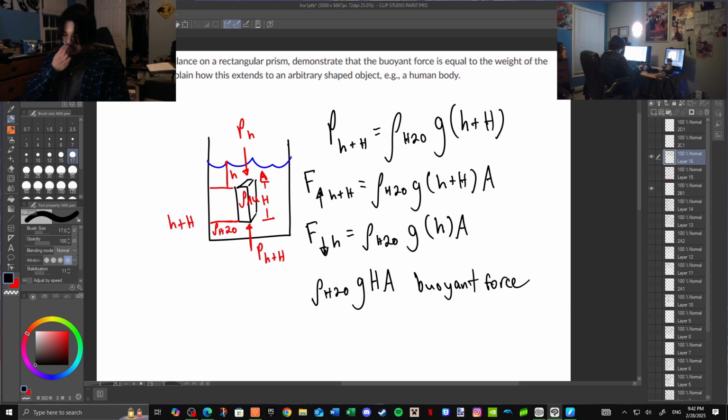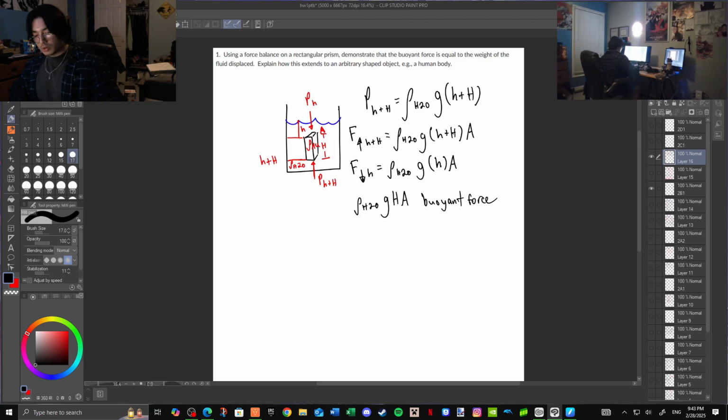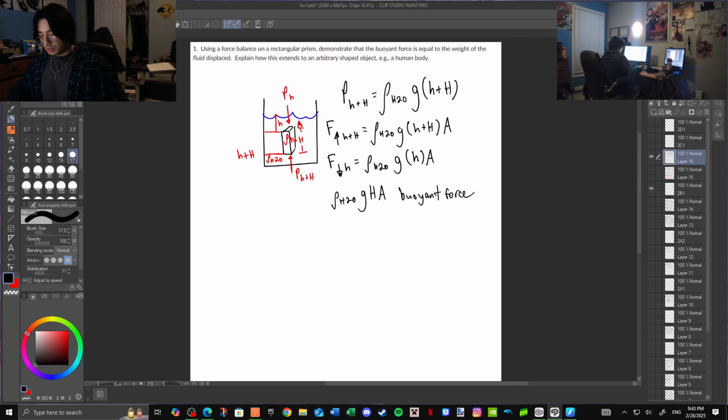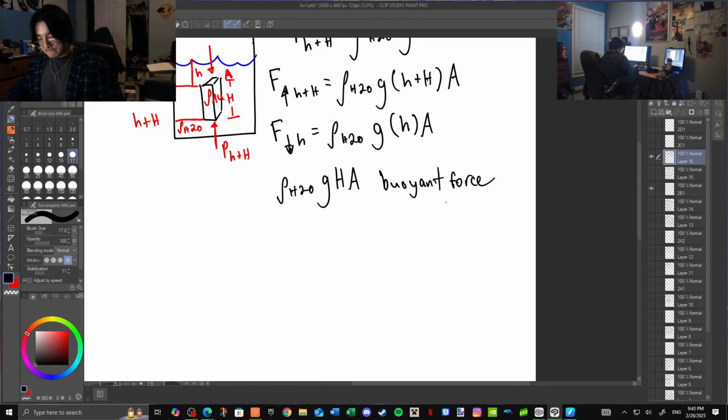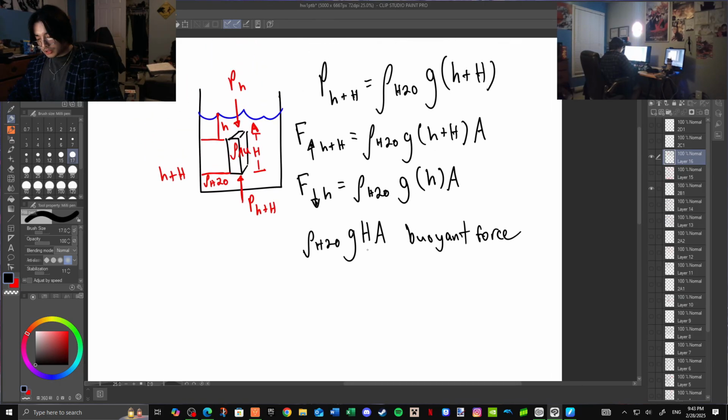Now we need to explain how it's equal to the weight of the fluid displaced. To show that this is equal to the weight of the fluid displaced, remember that H times A is equal to volume, and we multiply that volume by the density of the fluid, in this case water.